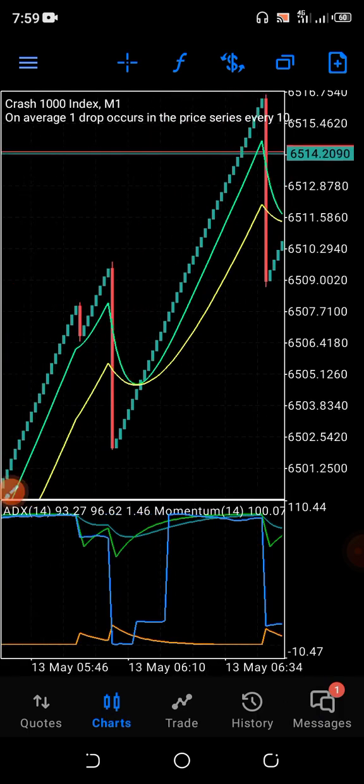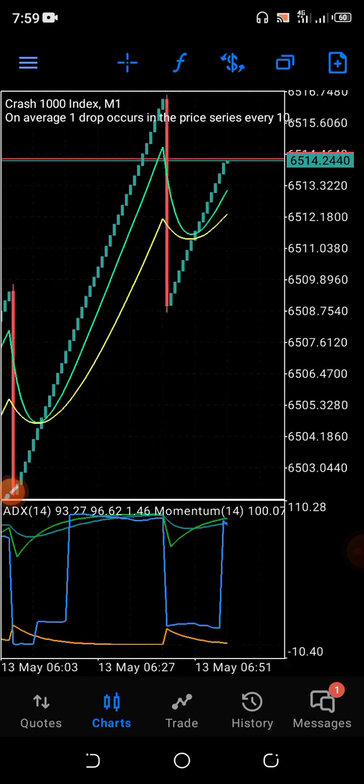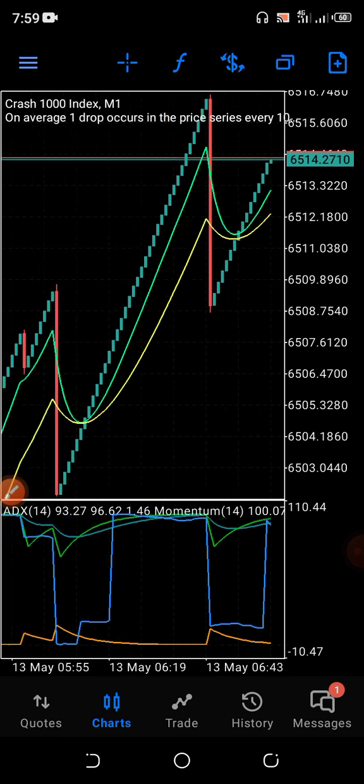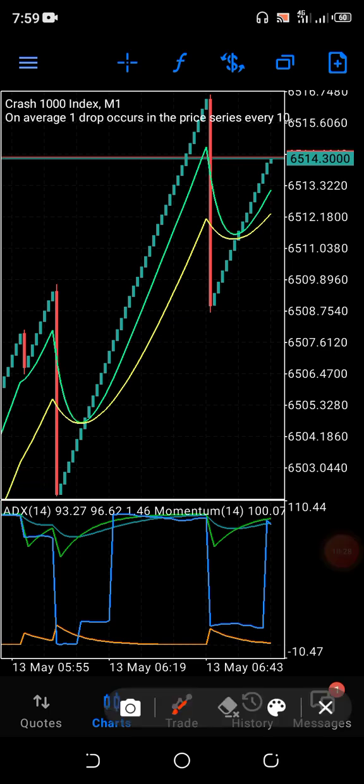First and first, wait for a spike for scalping. Please wait for a spike. If the market will spike, this momentum will come down to this point. Wait for it.